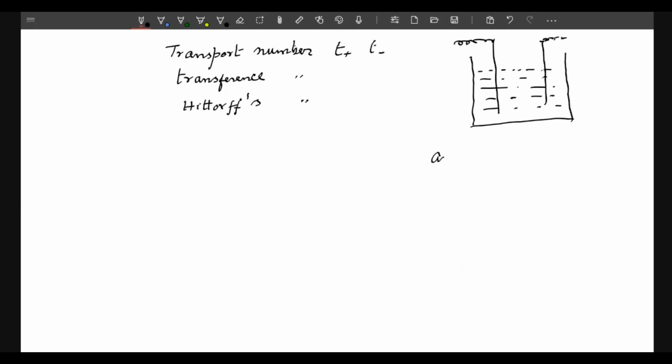Among the cations also, the ionic mobilities vary. What are the factors affecting the speed, or the ionic mobility? One thing is the charge density present over the cation, which is the deciding factor.